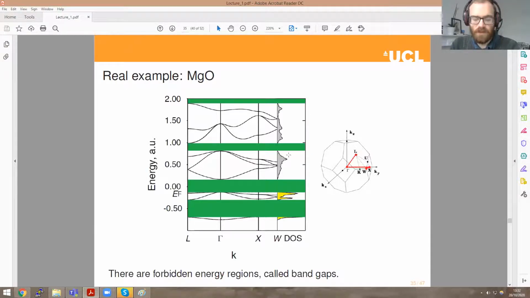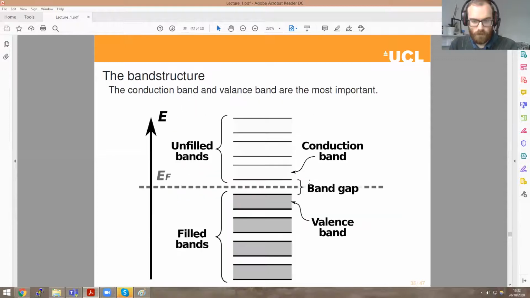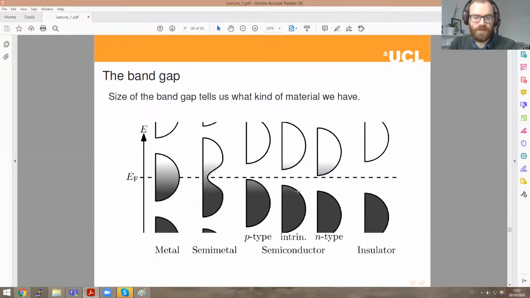Particularly, you get the idea of bands, where there are particular energies where no electrons are allowed to be, because there's no available energy level at any value of this k-space parameter. Yeah, the interest in looking at the band structure and the band gap in these types of systems tells you what sort of material you have in terms of the way it interacts with electricity.